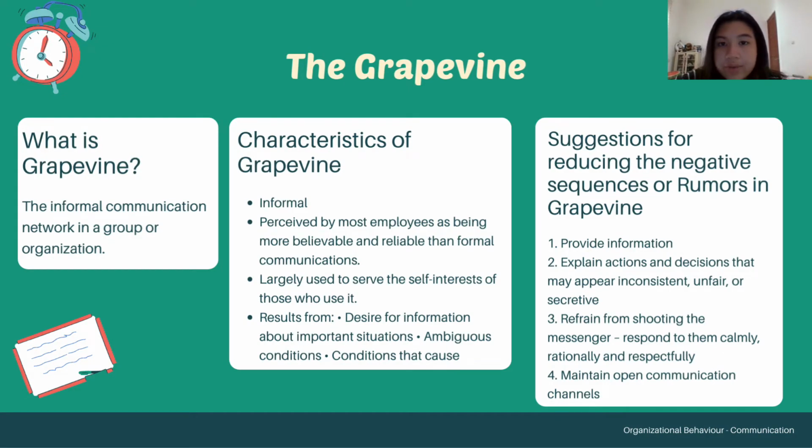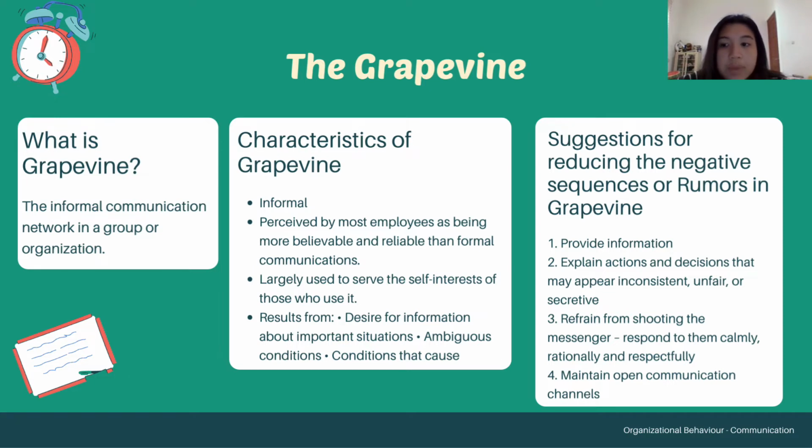So next we have the grapevine, which is also important to organizational communication. The grapevine is an informal communication network in a group or organization. It is not controlled by management. It's perceived by most employees as being more believable and reliable than other formal communications, and it's largely used to serve the self-interest of those who use it.